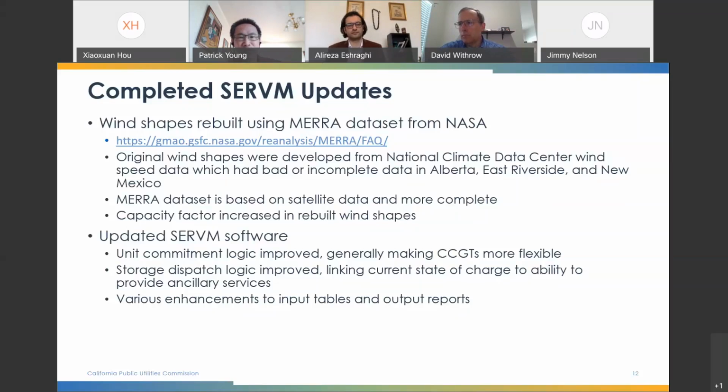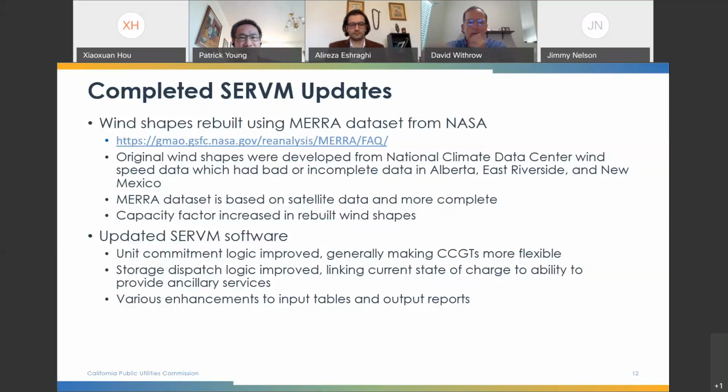The second group of improvements we made was around the storage dispatch logic. Previously, storage was modeled to provide ancillary services generally at its maximum discharge megawatts.